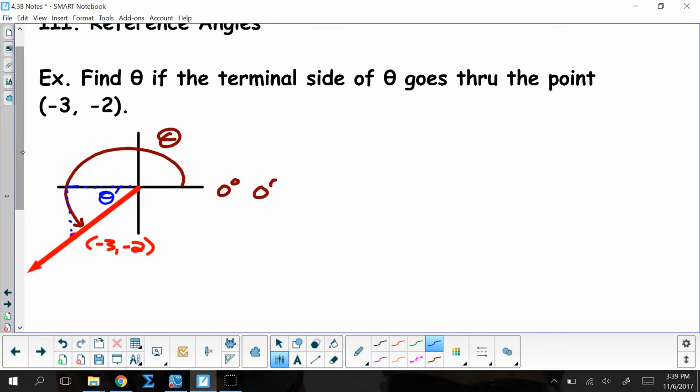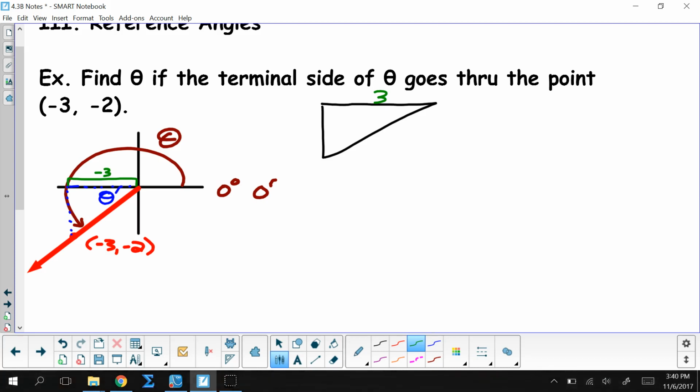So let's break out that one. There's my horizontal. So this is 3 because it's really -3 over here, but we're dealing with distances, so we can make that positive. This distance down here is -2, so really this is 2, and I'm looking for my reference angle right there.